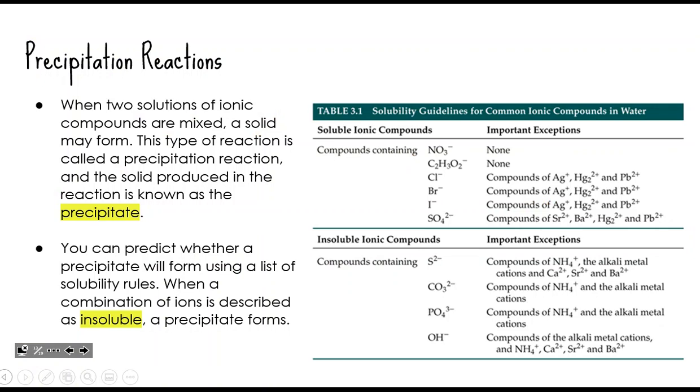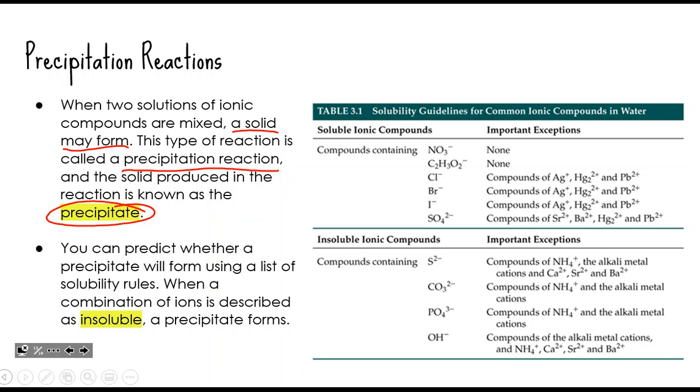When the 2 solutions of ionic compounds are mixed, a solid may form. That type of reaction is called a precipitation reaction, and the solid produced is known as the precipitate. That's when you put the 2 solutions together and then you see the powdery stuff fall to the bottom.